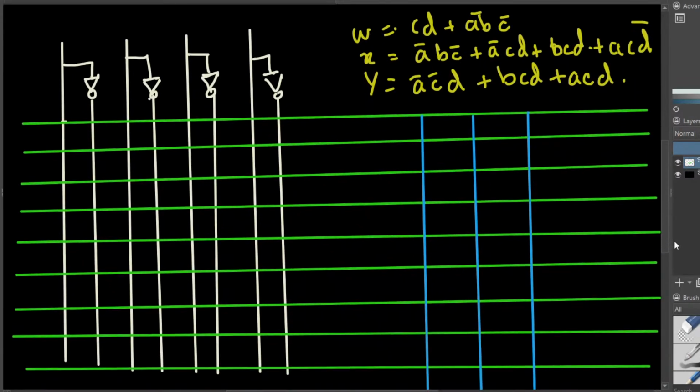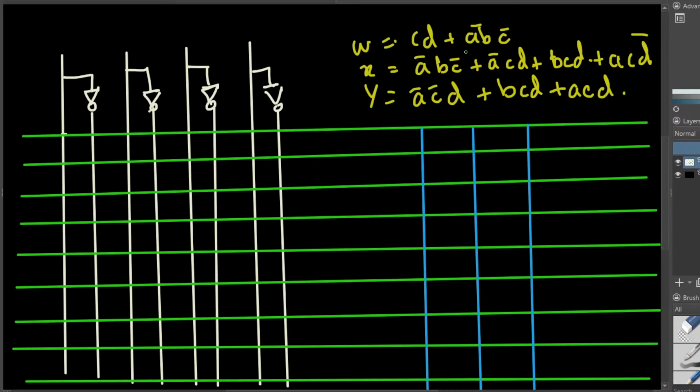Let's look at the sum of products expression for the W. What do we have here? We have CD.